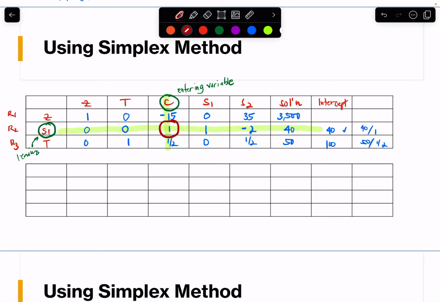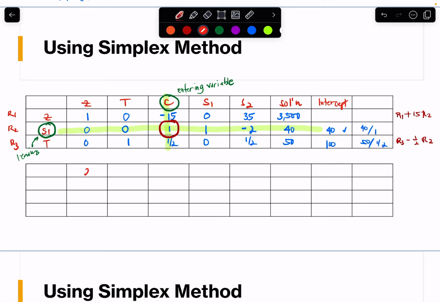Okay, so to do that, this is our formula. That would be R1, the one that we are manipulating, minus negative 15, which is plus 15, times our pivot row, which is R2. For the second one, we have 1 half, that is R3, and then minus 1 half times our pivot row R2.